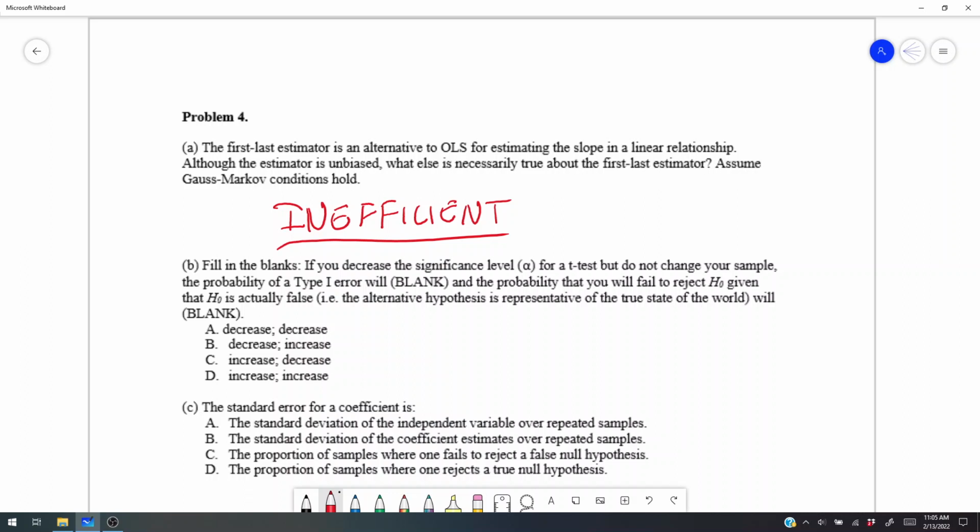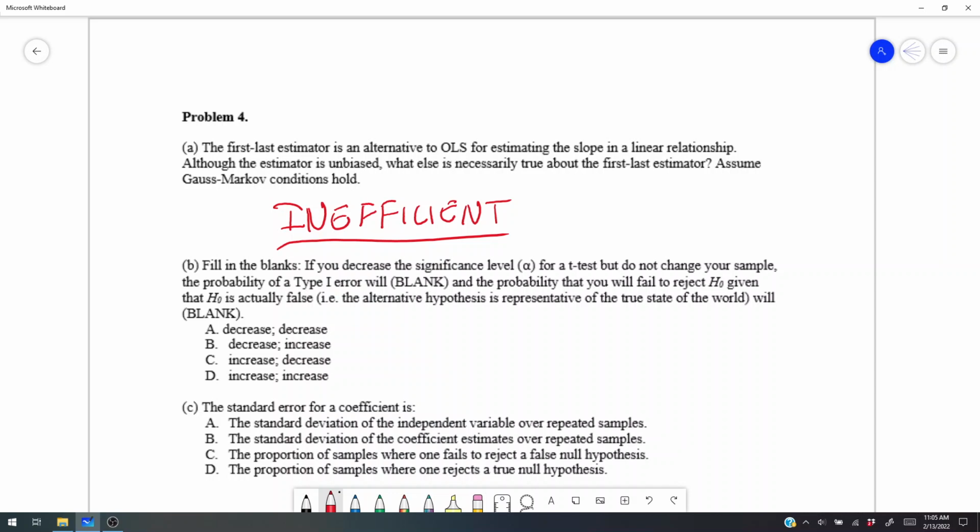That's how often I'm willing to be wrong. And that's a type 1 error. So if you decrease alpha, you will accidentally reject the null hypothesis less. You can imagine as alpha goes to 0, you will accidentally reject the null hypothesis less and less if it was true, right? So the probability of a type 1 error will go down.